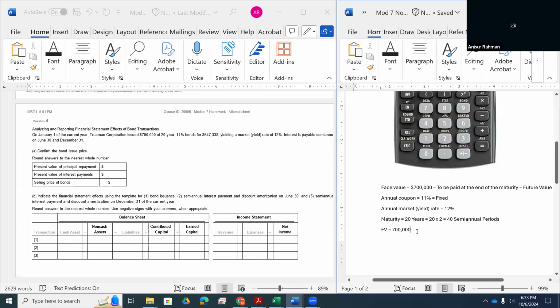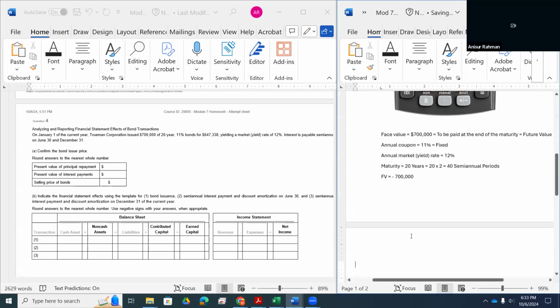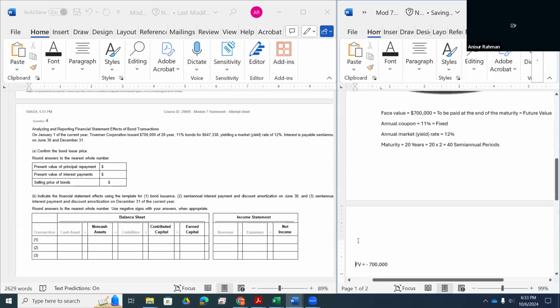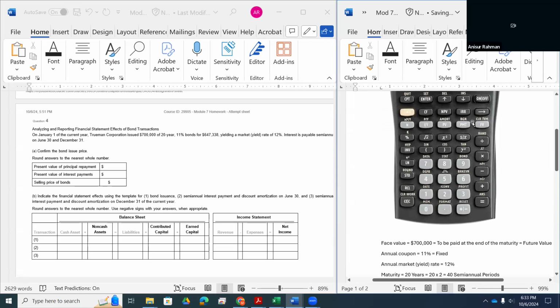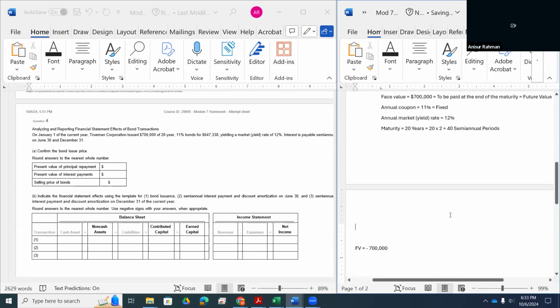But note, this company borrowed money. So when it repays, it will be a cash outflow for the company, so I'll enter a negative sign. I will follow the sequence of these keys. Our N is equal to 40, which we already calculated.